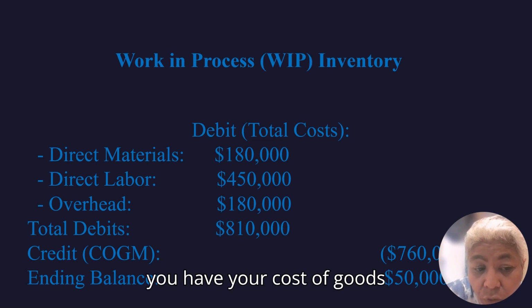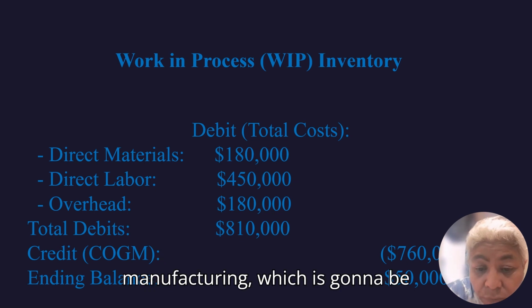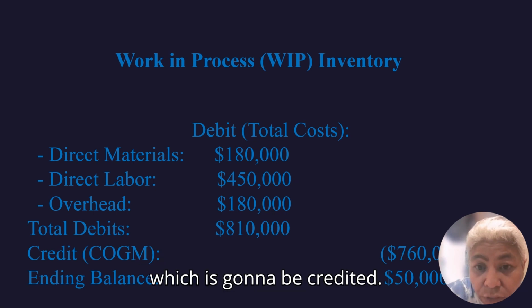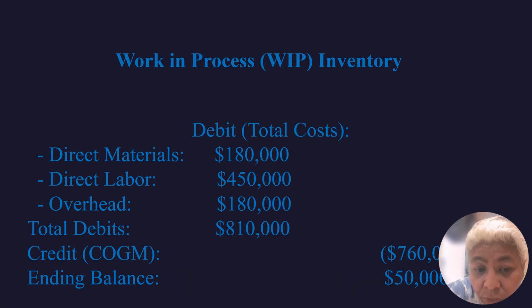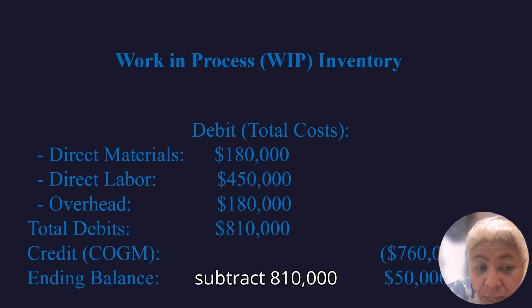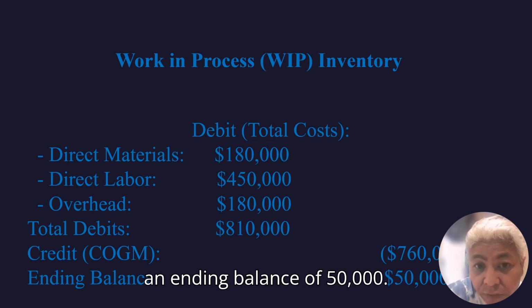Then you have your cost of goods manufactured, which is 760,000, which is credited. So I subtract 760,000 from 810,000, which gives an ending balance of 50,000.